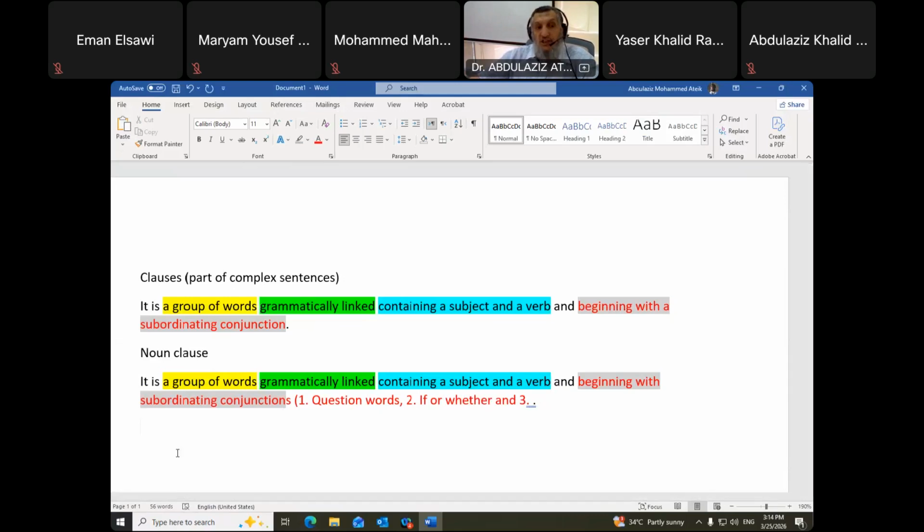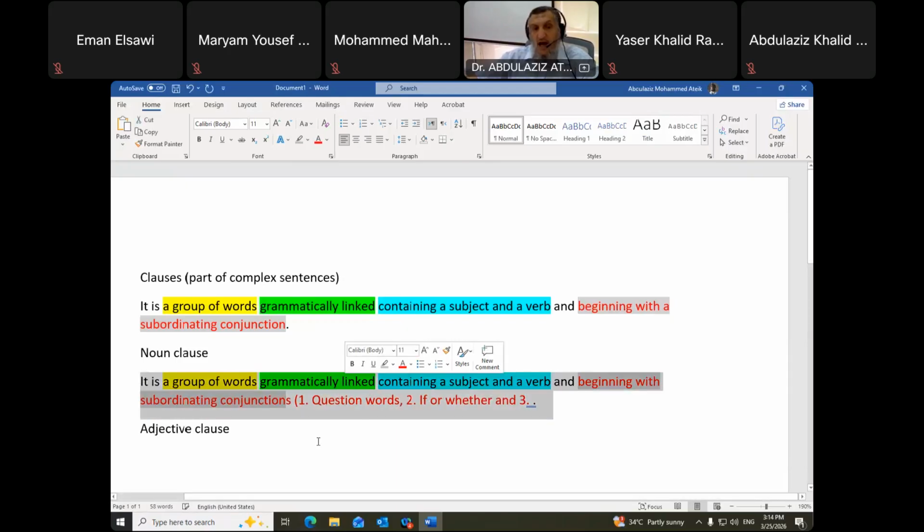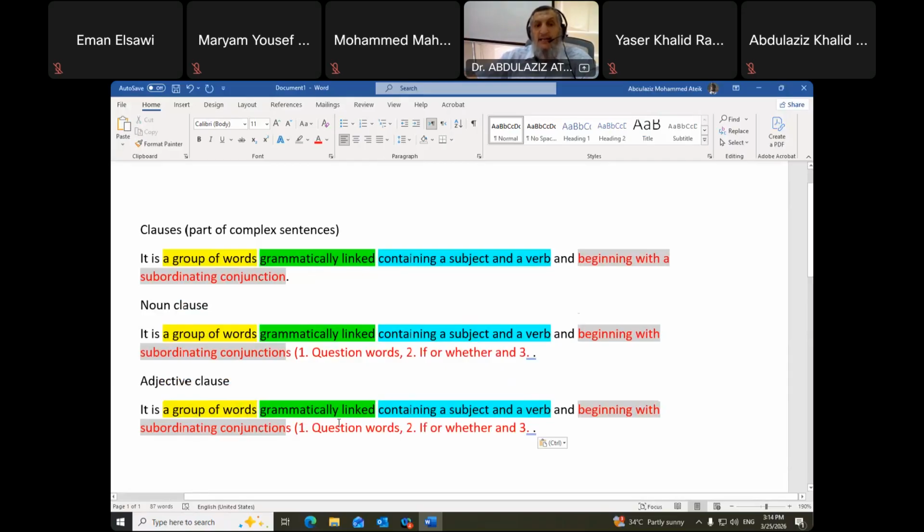Now let's come to adjective clause. In adjective clause, look, same definition, but I will look here, subordinating conjunction. This will be relative. Number one, relative pronouns, which they call أسماء موصولة, relative pronouns, and number 2 adverb pronouns.